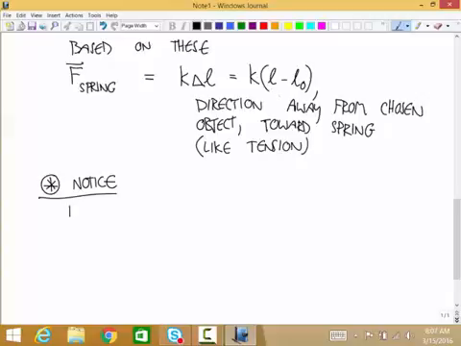So if this quantity L minus L0 is negative, that switches the direction.